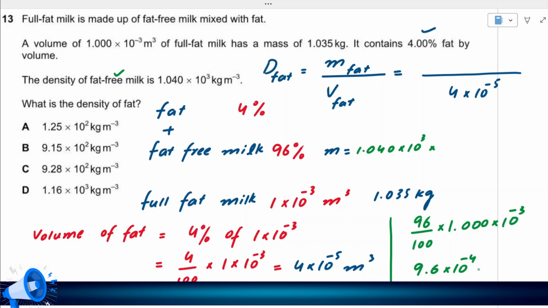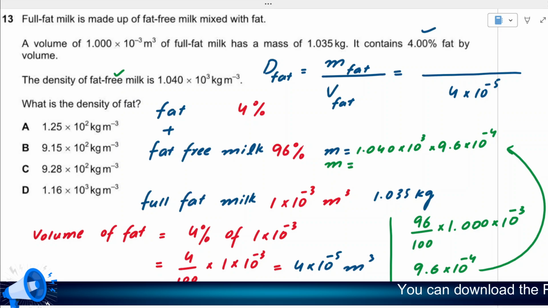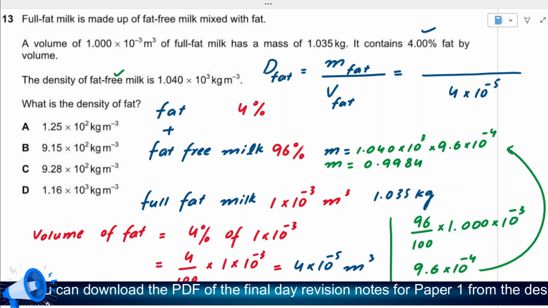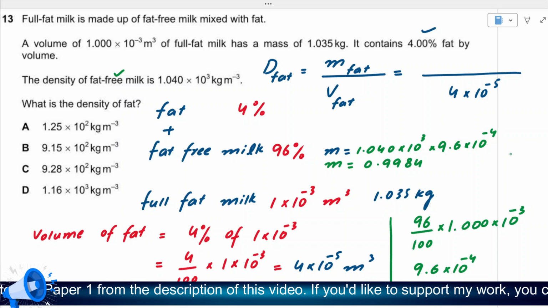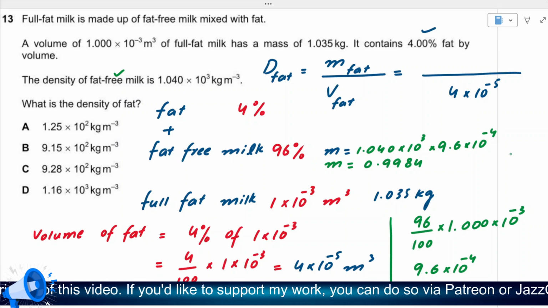So mass, we can use this value of volume here. So mass equals density times volume. So what we get is 0.9984. So the mass of the full fat milk was 1.035.